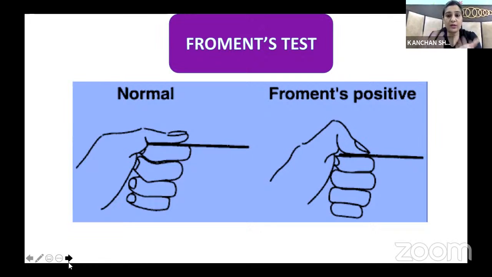So what is this Froment's sign? When I'm talking about the thumb, in the horizontal plane is my flexion and extension. In my vertical plane is my abduction and adduction. The adductor pollicis is supplied by the ulnar nerve. So if I want to hold something, if I want to adduct my thumb, I need my ulnar nerve working very nicely, right?